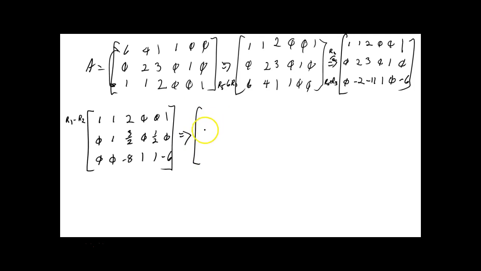So the middle row stays the same: 0, 1, 3 halves, 0, 1 half, 0. New top row becomes 1, 0, second, 1 half.